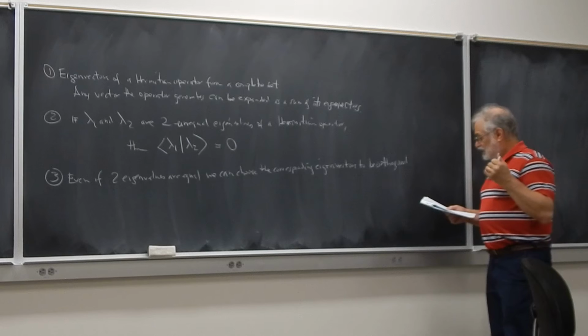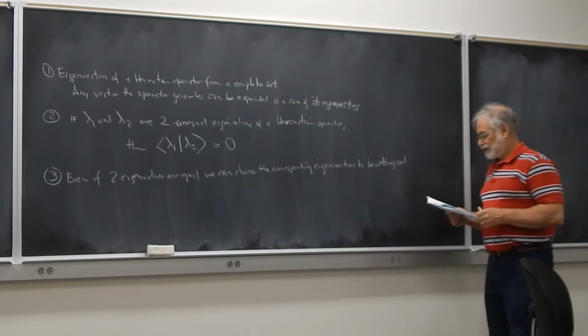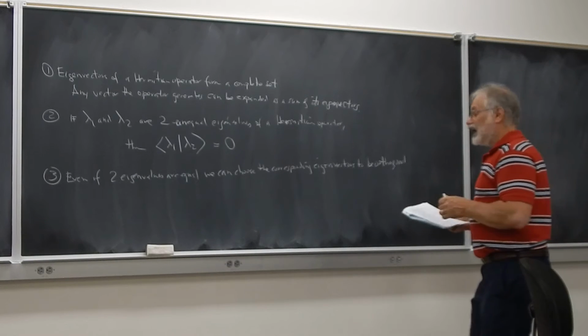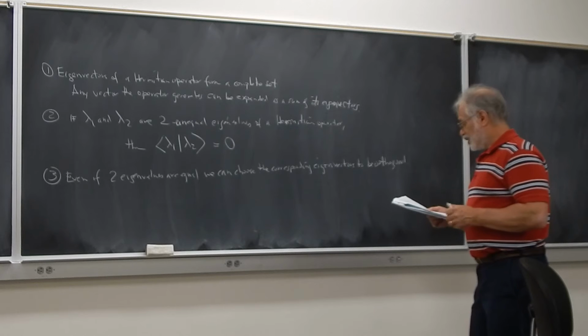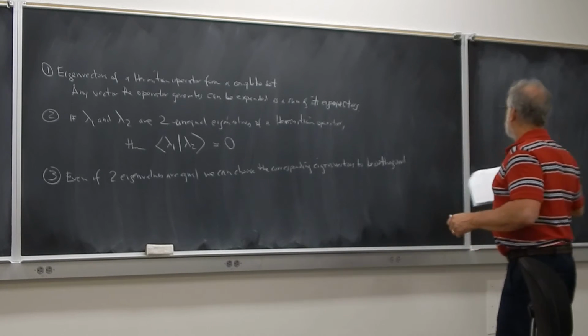Degeneracy is when two different eigenvectors have the same eigenvalues. So in summary, the eigenvectors of a Hermitian operator form an orthonormal basis. Can we prove that? Yeah, let's try that over here.